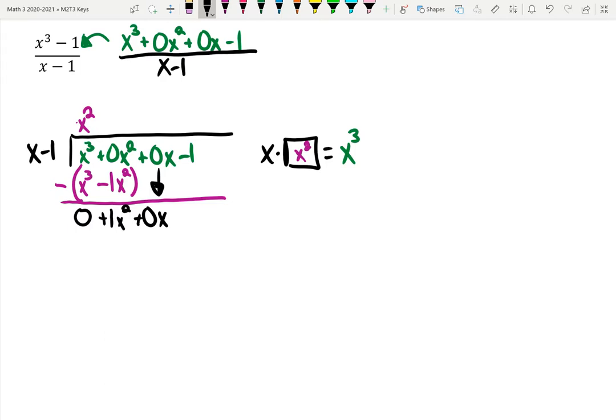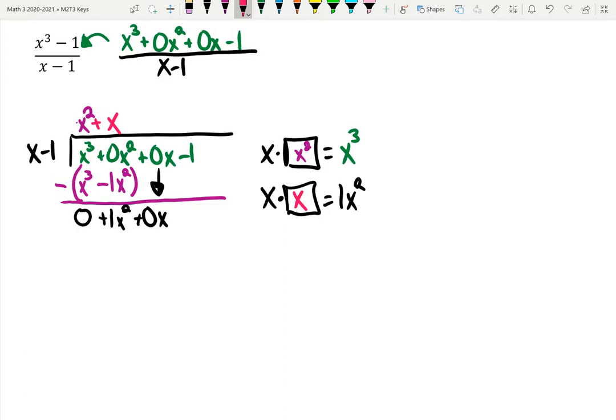Now, I'm going to go ahead and ask myself, how do I make x times what equal 1x squared? Well, it's just missing an x. So, an x, what type of x? A positive one.